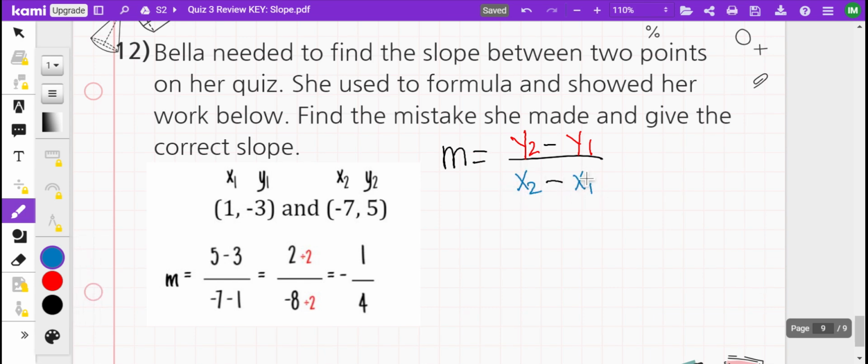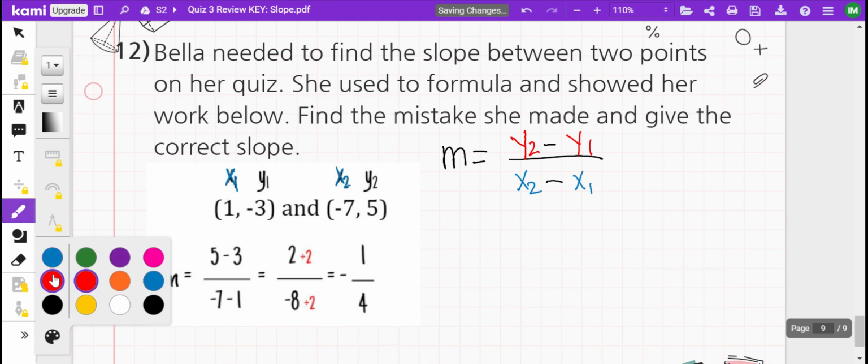So let's see what she did wrong. Bella started off by labeling each of her points x1, y1, x2, y2. So far we agree she's good. From there, she plugged in her points. And so in the formula, we see that she plugged in 5 minus 3.